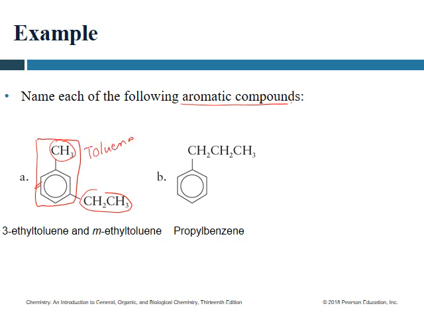This is a common name of benzene plus CH3 group. Then we have to specify the CH3 group over here as number 1, that we use as a parent chain. Then you have to count it this way: 1, 2, 3, 4, 5, 6. Then this is 3-ethyl, this is an ethyl group, 3-ethyltoluene, where toluene is your parent chain.